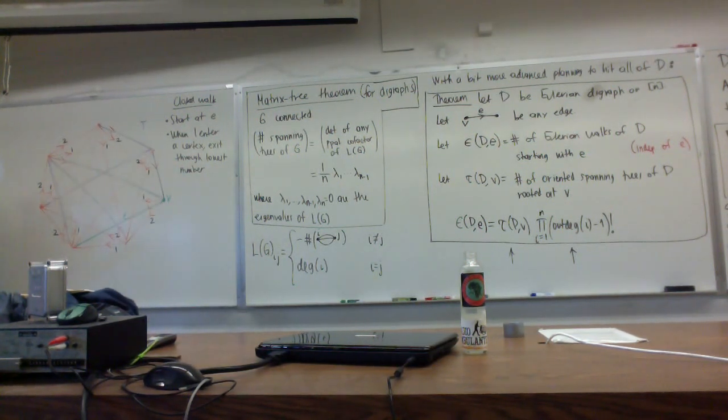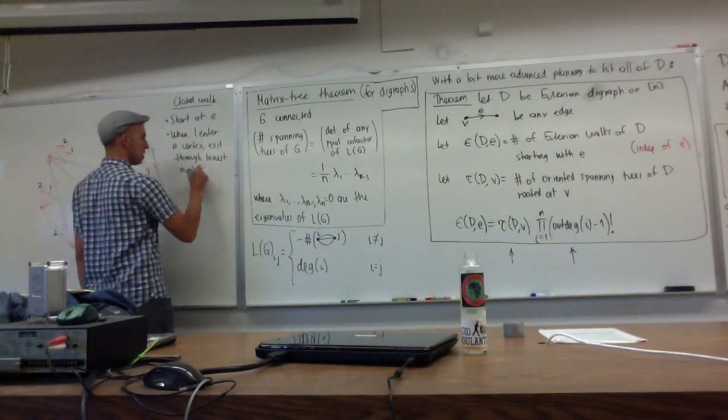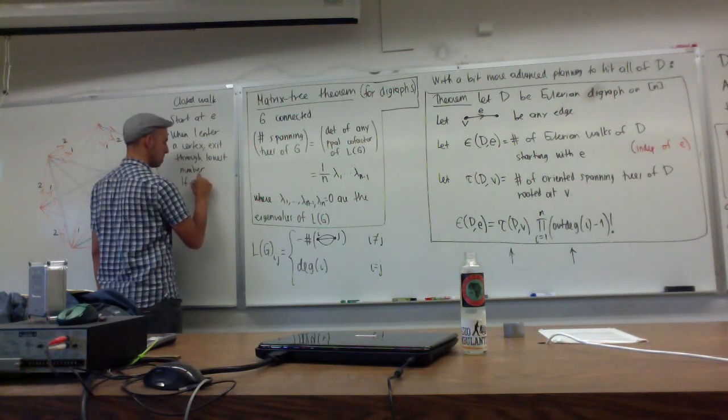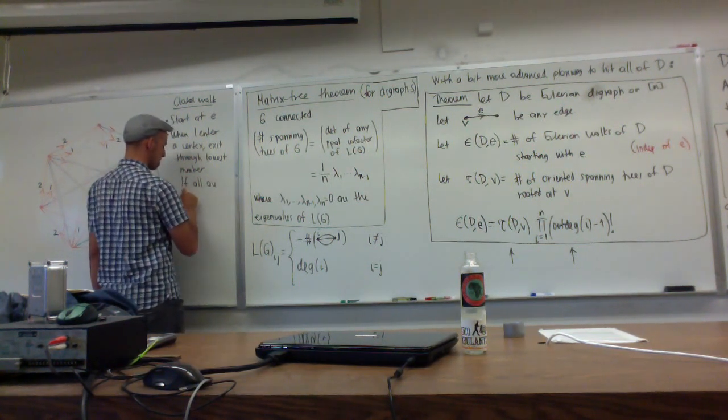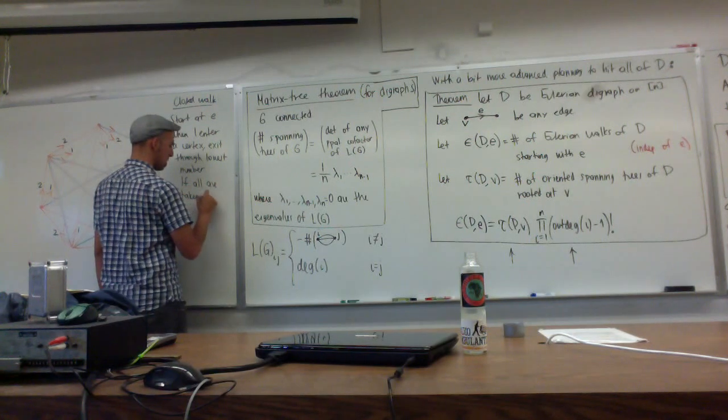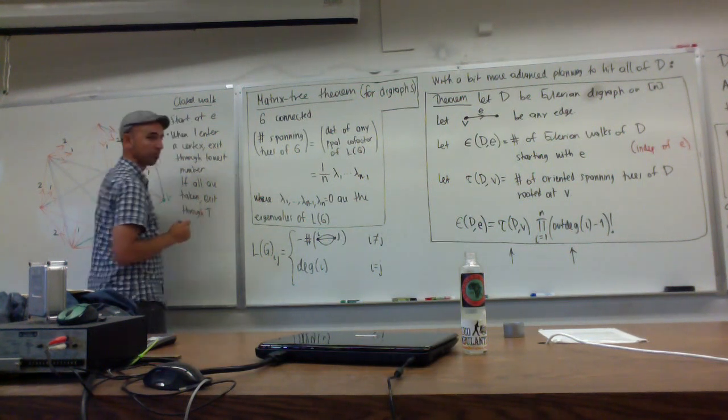And if all the numbers are taken, then exit through the edge from T.